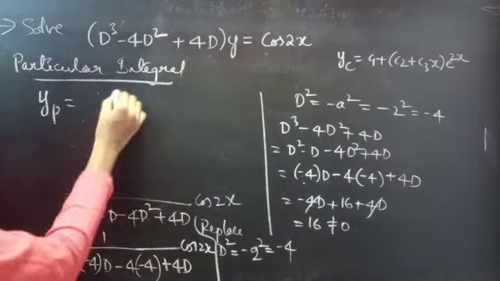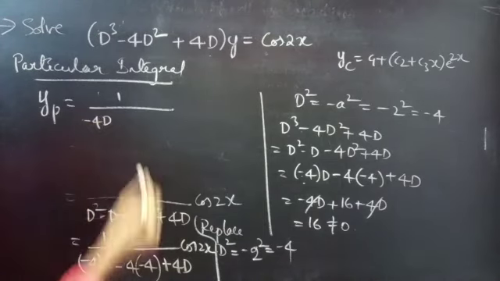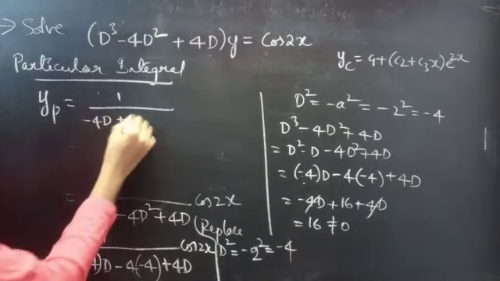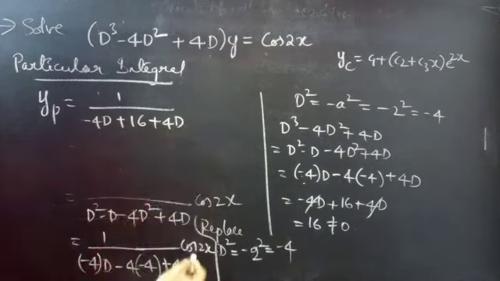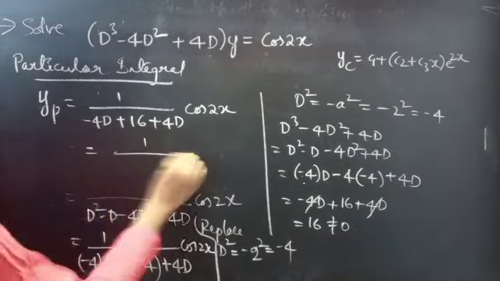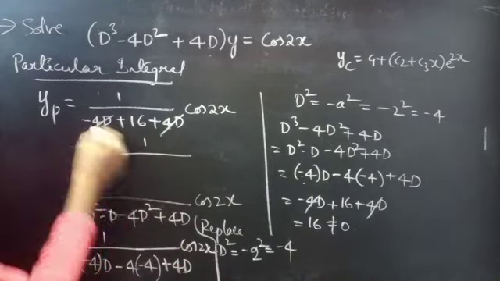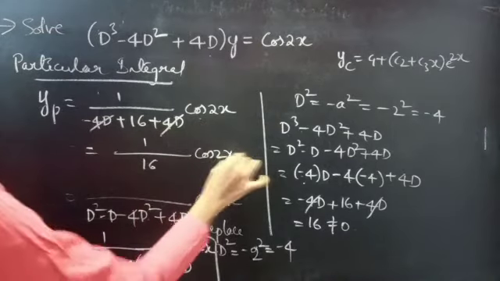This becomes 1 by minus 4D minus 4 times minus 4, minus into minus plus, 4 fours are 16, plus 4D into cos 2x. Here plus 4D minus 4D gets cancelled and you get 1 by 16 into cos 2x.